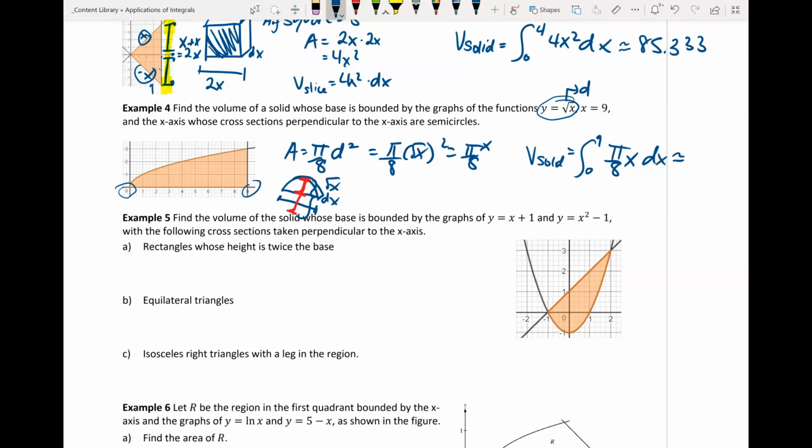We can use our calculator to help us with this. And this is going to be 15.904.